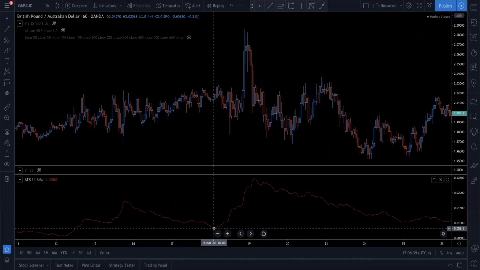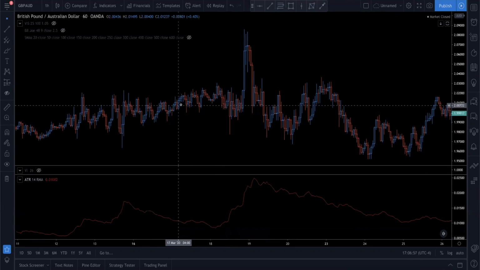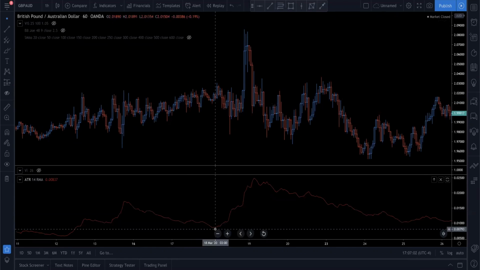One of the main issues I have is that it doesn't give you a differentiation between what is positive and what is negative. When you see the overall range in the market right here at 83 pips, okay, all we know is that when you account for every candle in the last 14 candles, it's going to give you the average number of movement, whether up or down.